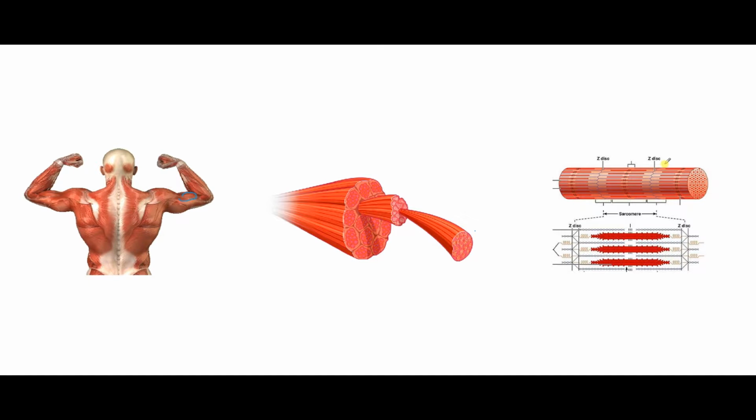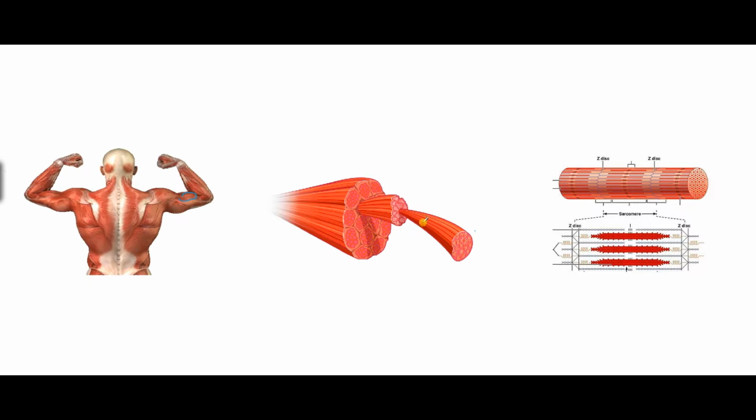We don't really care about the myofibril itself. We're not going to talk about it too much, nor about the myocyte, the actual muscle fiber. We are more concerned with what happens within each one of these sarcomeres. So again, within one muscle belly, we keep zooming in, and it is broken up into different compartments.